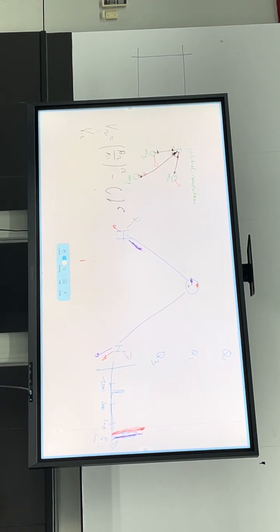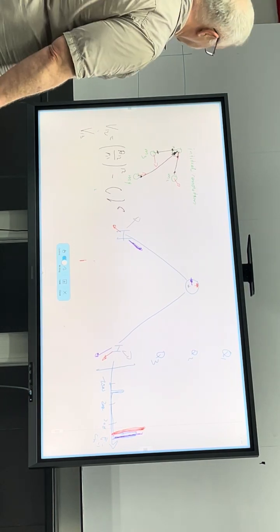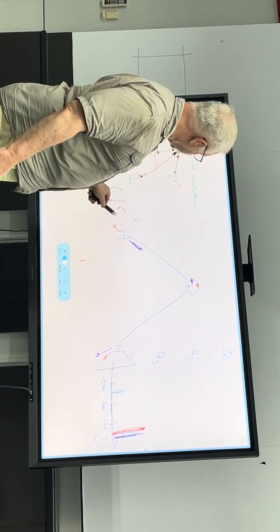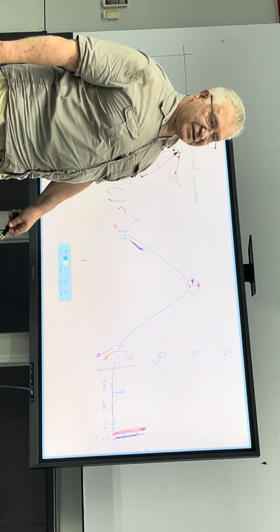So we have 3 vibrational modes, and these vibrational modes are orthogonal. Because if I take the scalar product of the 3 red vectors with the 3 gray vectors, I will find 0.